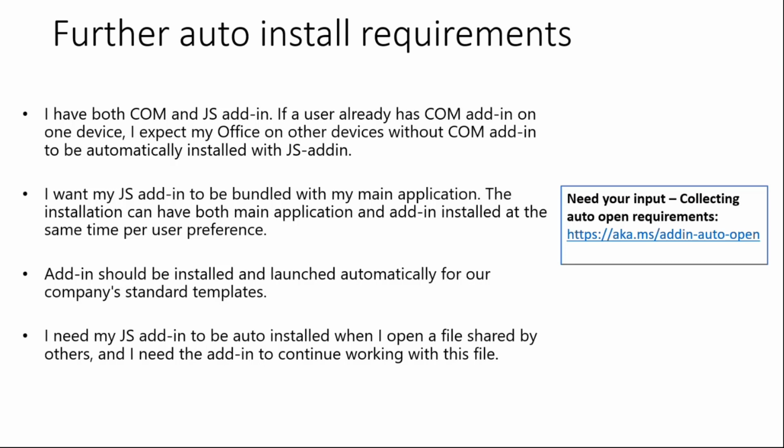So people want to say, hey, if on my Windows client a customer has the COM add-in installed, could you please also do the auto install for the other devices? For example, if a user now opens Word Online or Excel Online, or they just open a new Mac Word, those clients will open the same add-in from the same brand automatically. So that's the first one.